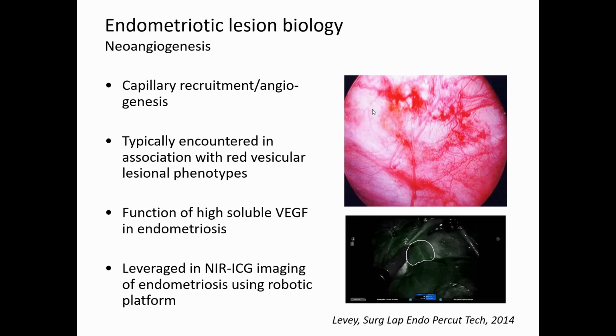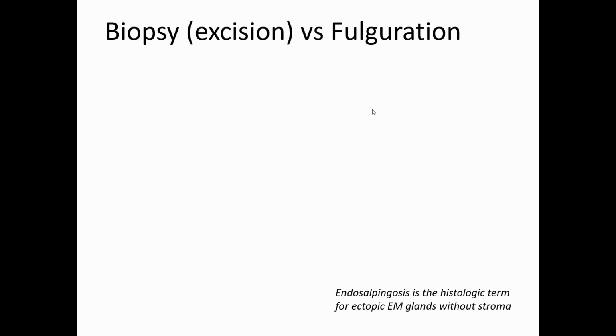This is a function of that release of vascular endothelial growth factor and can be leveraged to advantage during the treatment of endometriosis using the Firefly option of the robotic platform for locating lesions. In this particular study, they used that type of imaging approach to pinpoint lesions on the basis of increased blood flow to those areas of the peritoneum.